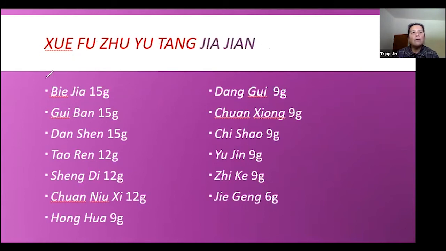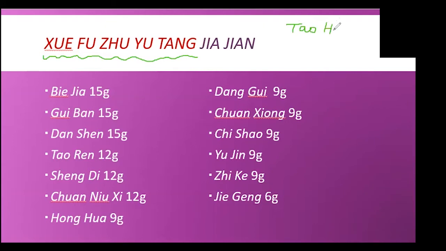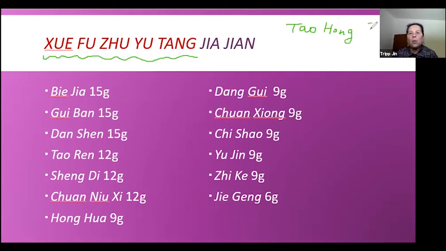The formula we use is 血府逐瘀汤 modified. We talked about 桃红四物汤 before, which moves blood. I believe you are pretty familiar with 四物汤.